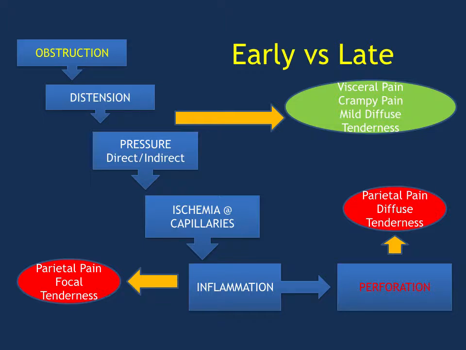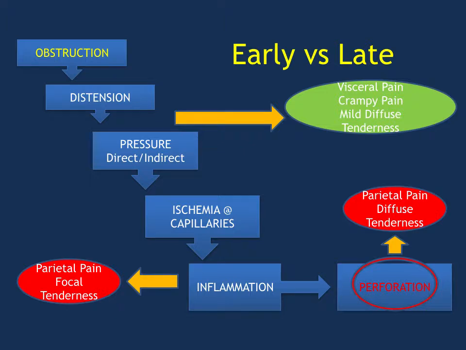So for bowel obstruction, the idea is that we catch people in this cascade of events, not at the level of perforation. Somebody might present obviously in perforation, and that's not within our ability to control.